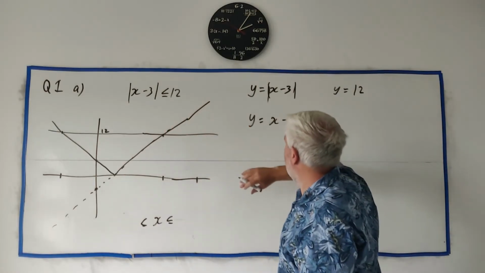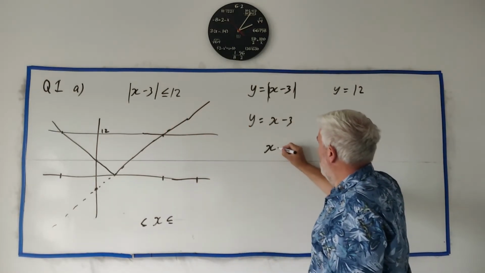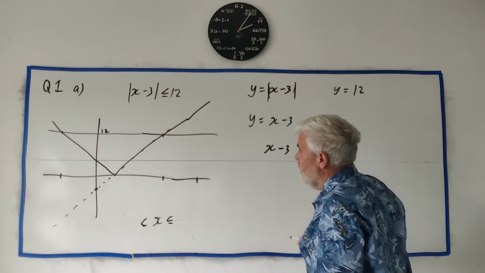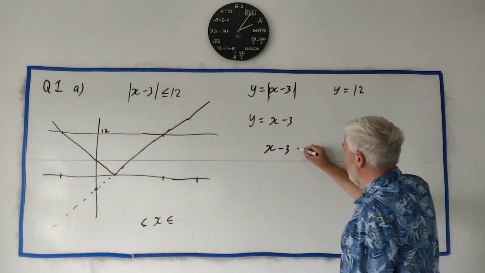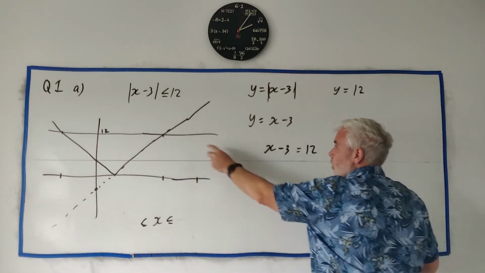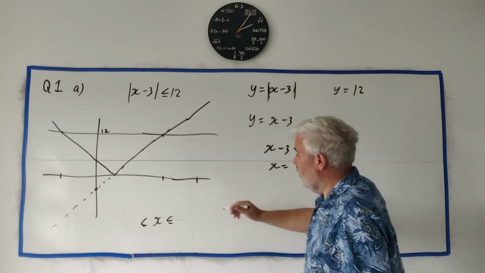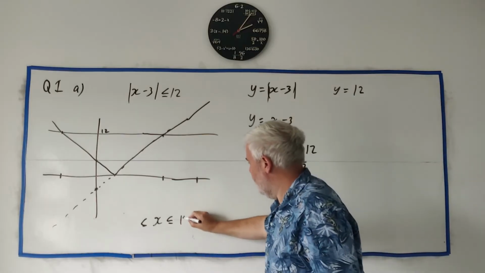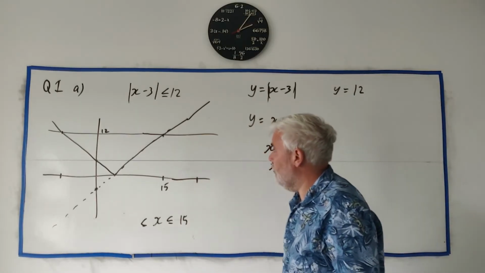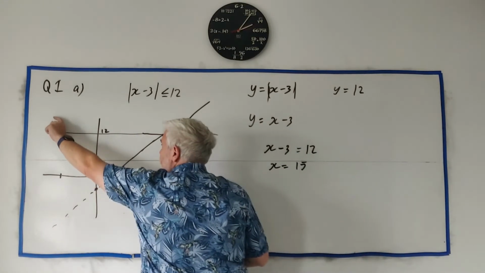This line up here, we know, looks like x minus 3. This line here looks like 12. So when they equal each other, we get this point. That's just x equals 15. We knew this from the previous part. So this point here is 15. Again, what does this one look like?